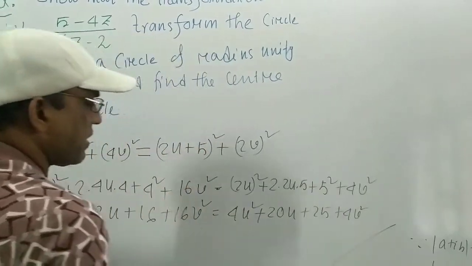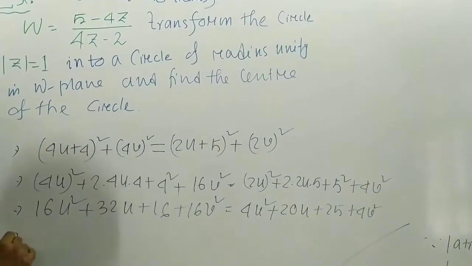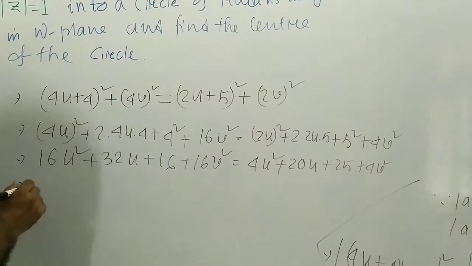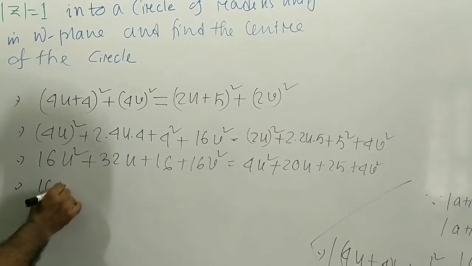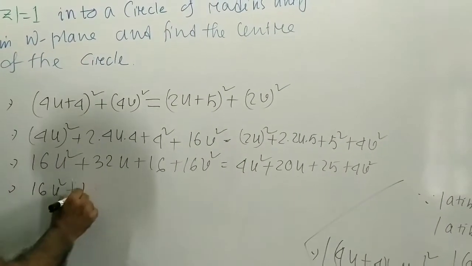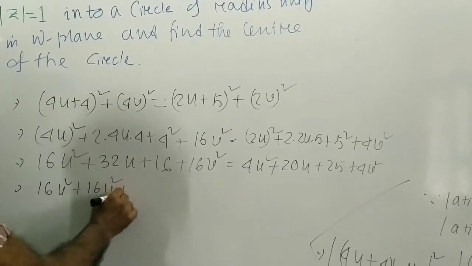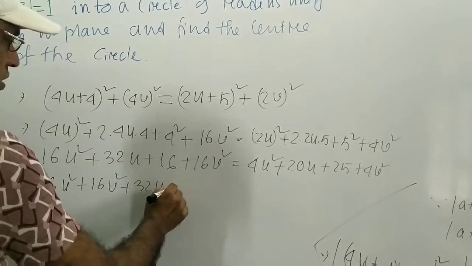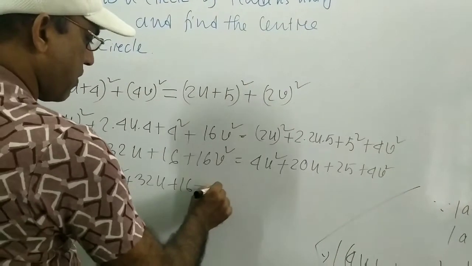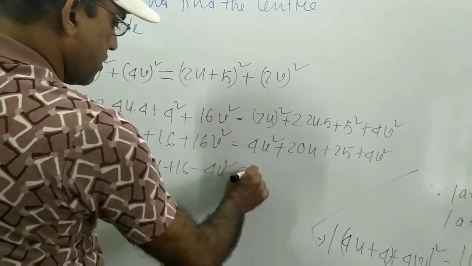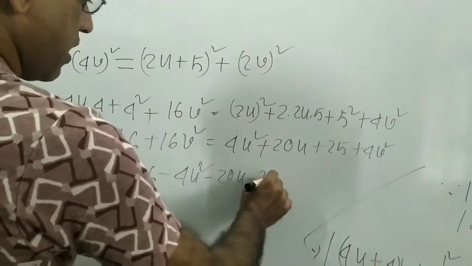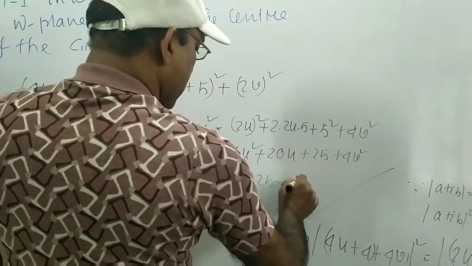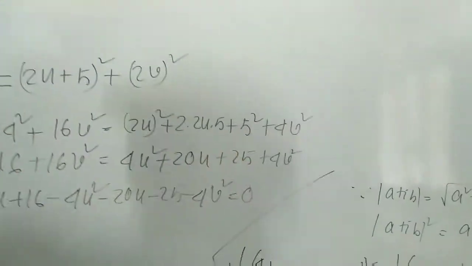Now taking everything to the left-hand side: 16u square plus 16v square plus 32u plus 16 minus 4u square minus 20u minus 25 minus 4v square equal to 0.